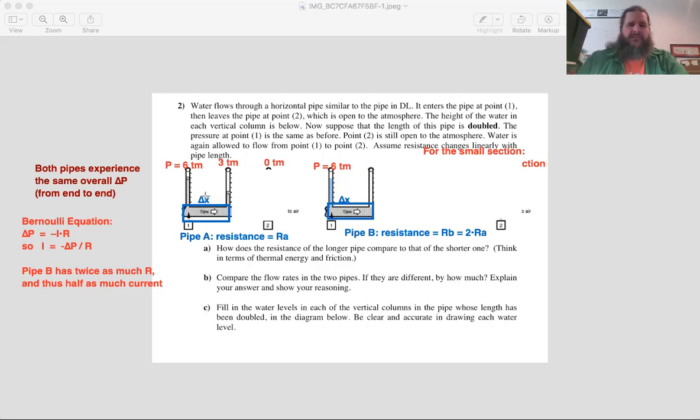Because we're marking off, I don't know, maybe 5 centimeters of this pipe and 5 centimeters of this pipe or something. So what can we say about the resistance of this section of pipe and the resistance of this section of pipe? It should be the same. Right, they have exactly the same resistance. So this section has resistance, let's say R sub S, resistance of one section. And this section also has resistance R sub S.